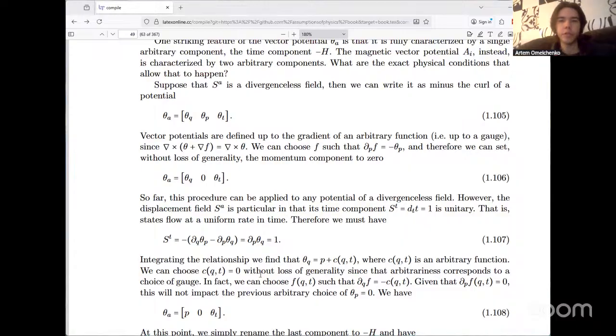We can choose the function f such that the partial derivative with respect to momentum of this function is minus theta, the momentum component of theta, right? Yeah. And therefore we can set, without loss of generality, the momentum component to 0.